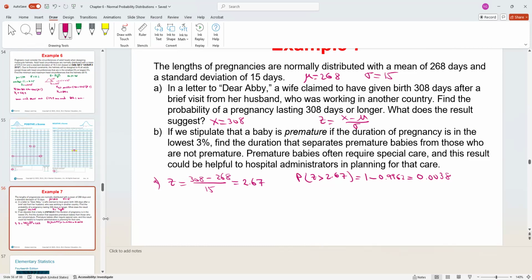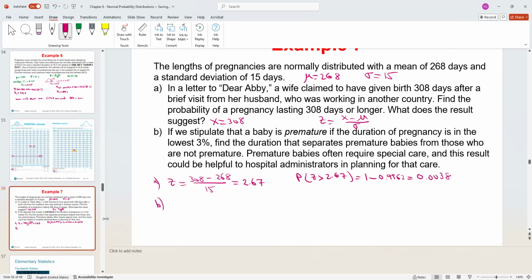Now, what does the result suggest? Can I leave this one for you, or do you need an explanation from me also? This is either a rare event, or the husband is not the father, right? Rare event, okay. The husband is not the father because it's 10 months. These kids come very late. But let's see part B.